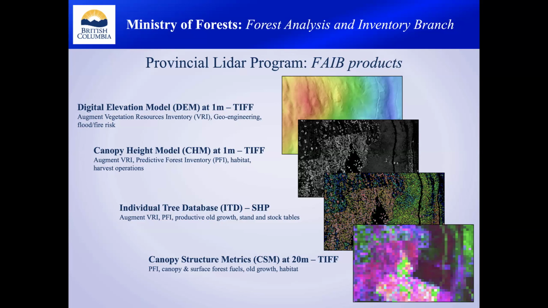The canopy height model we're producing at a 1 meter resolution, again augmenting our traditional stereo photo interpreted inventories, but also as the base data set for our predictive forest inventories, or EFI in this case. These data are also helpful for habitat mapping and harvest operations.